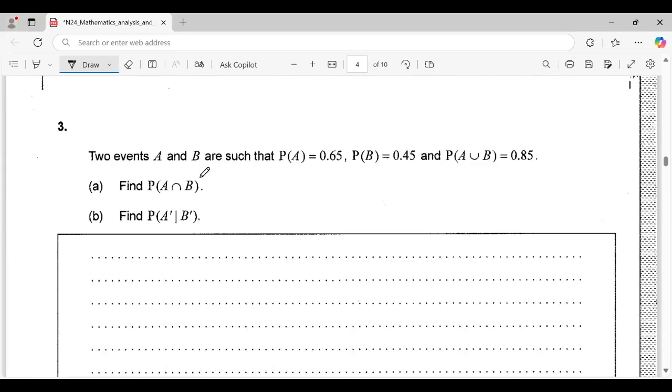Two events A and B are such that probability A is 0.65, probability B is 0.45, and probability A union B is 0.85.